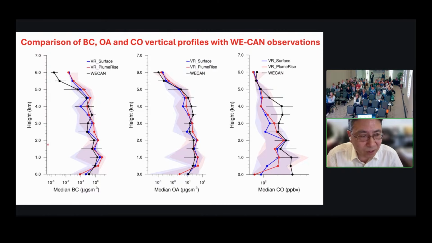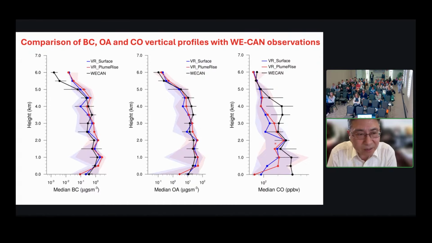But if you look at altitudes above 2 kilometers, you can see that the plume-rise model, red, can increase the aerosol BC and organic aerosol above 2 kilometers.